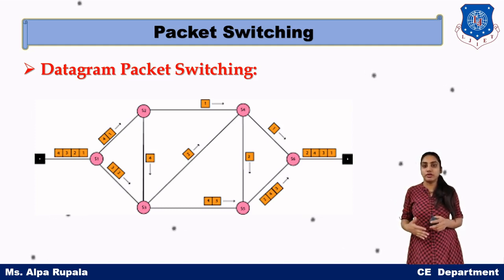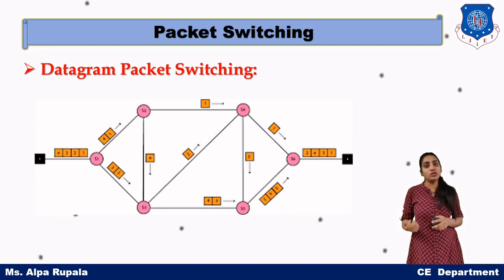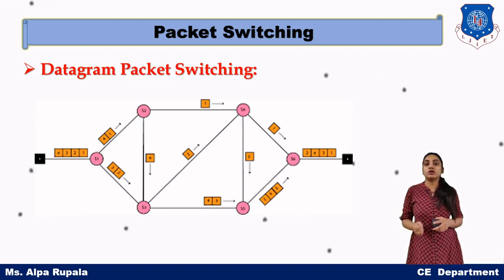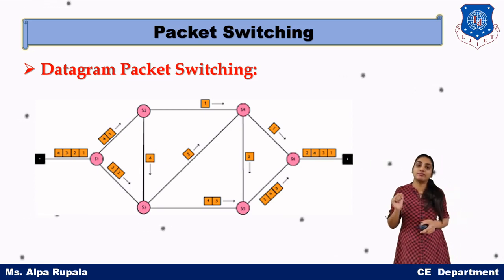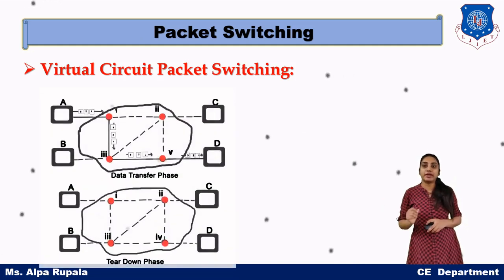Okay, it is unordered, so we need to reorder it into perfect order at the receiver side. There will be a small delay, or the processing time will increase, for rearranging the packets. So this is the disadvantage of datagram packet switching, which can be overcome in virtual circuit packet switching.